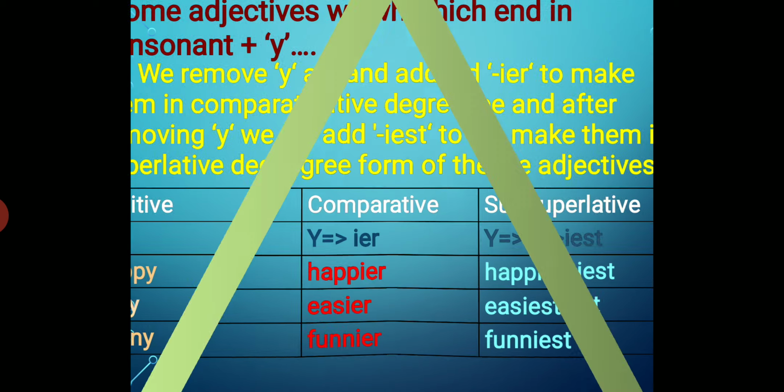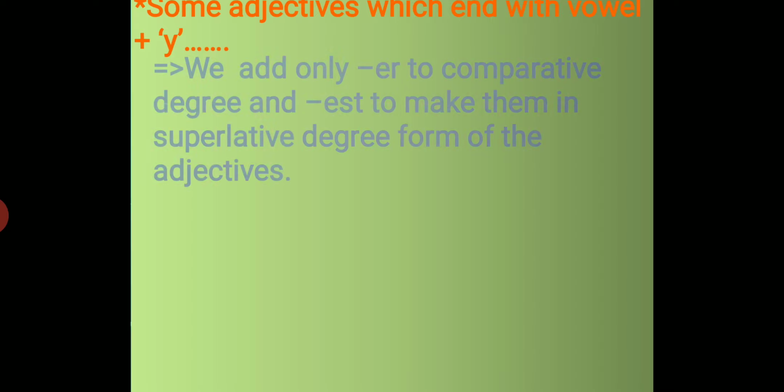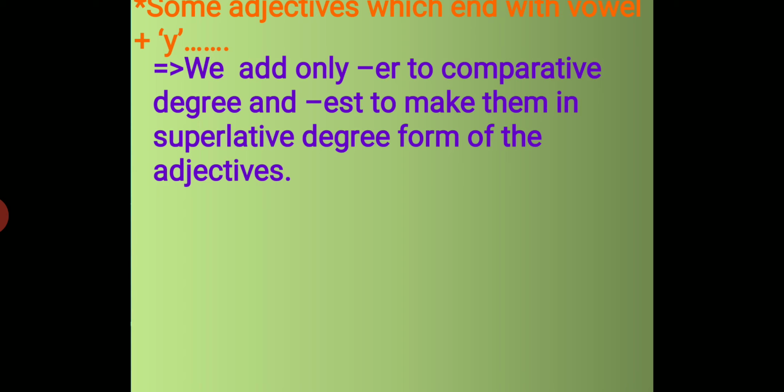Let's move on. The next rule of the formation. Some adjectives which end with vowel plus Y, means if the adjective ends with Y and before Y there is a vowel, then what can we do? We add only ER to the comparative degree and EST to make them in a superlative degree form of the adjectives.